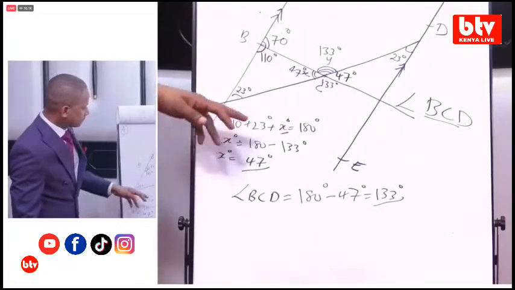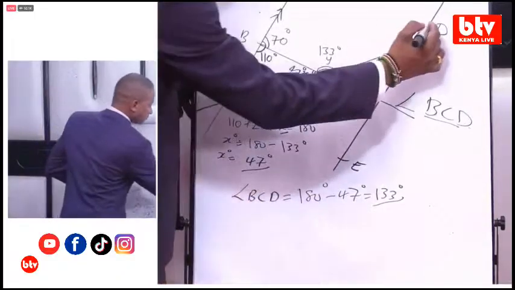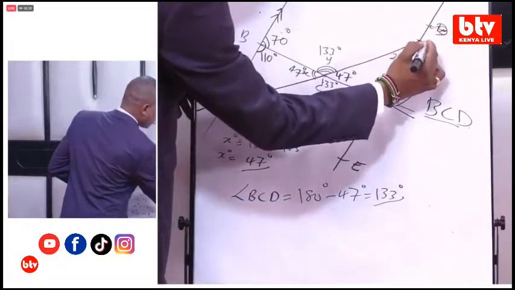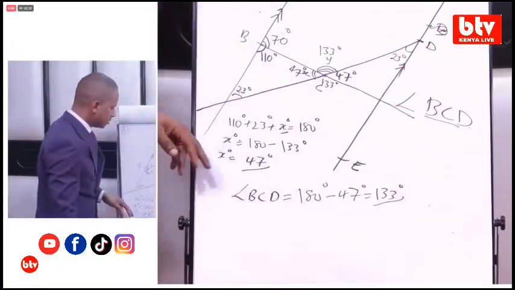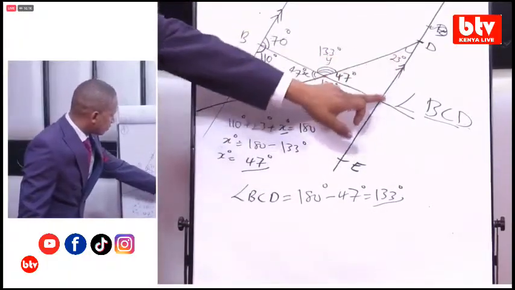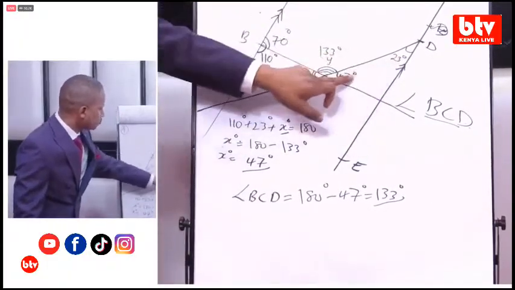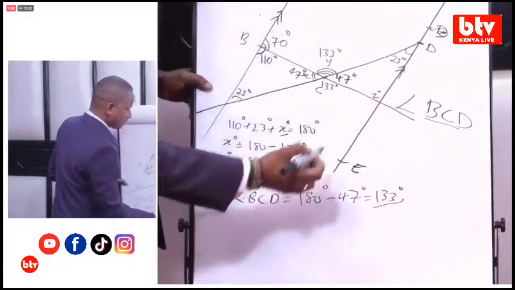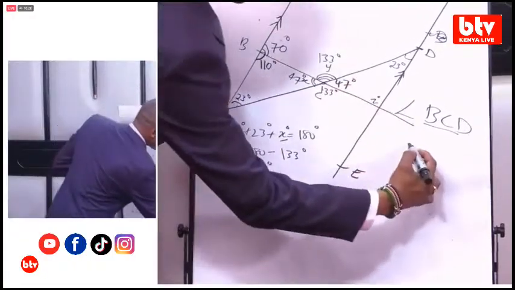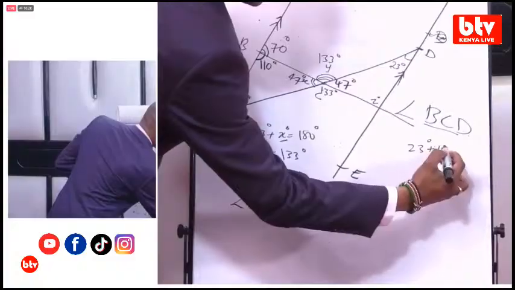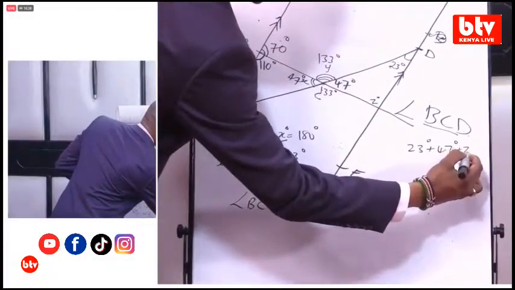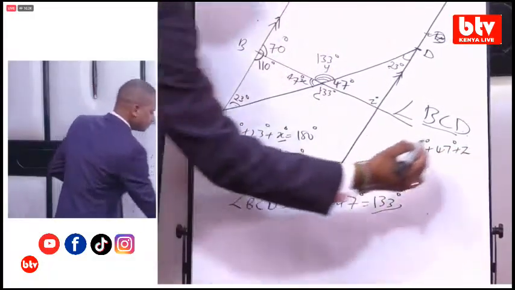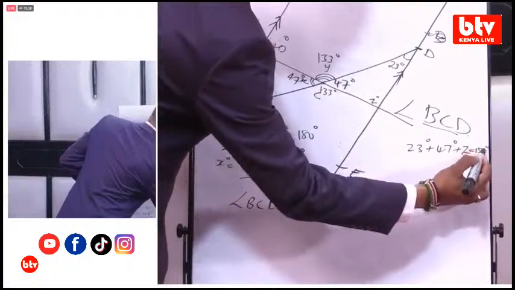Then this angle, you mark where your D is so that we are not out. These angles are angles in a triangle, which add up to 180 degrees. So we can get angle Z: 23 degrees plus 47 degrees plus Z equals 180 degrees.